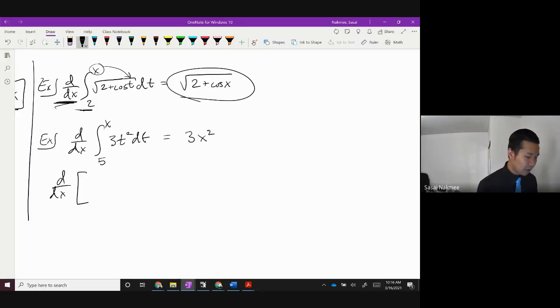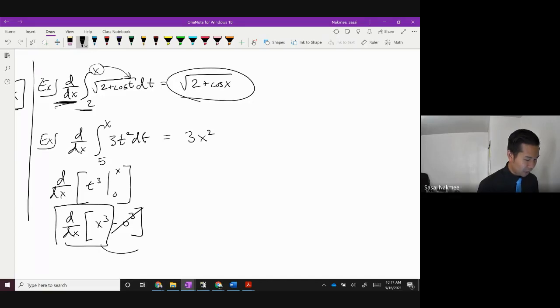The antiderivative of 3t squared is going to give me t cubed evaluated from 5 to x. Of course, when you evaluate it, I'm looking to take the derivative of x cubed minus 5 cubed. When I do this derivative, 5 cubed just goes away. The derivative of x cubed gets me that 3x squared. That's nothing new.